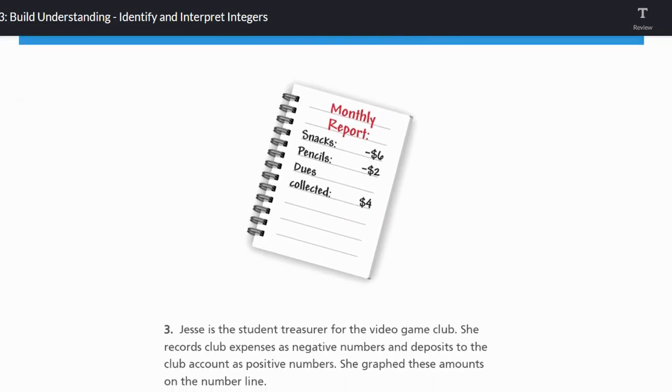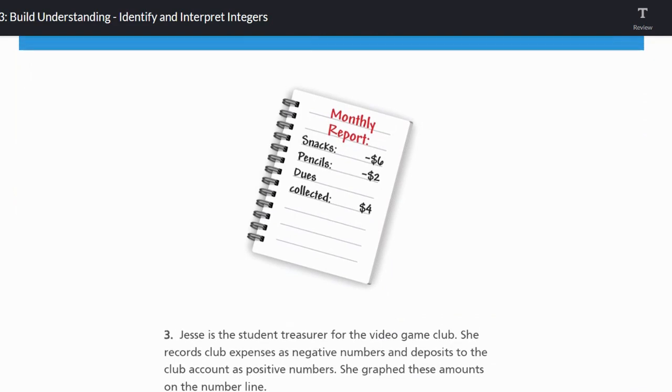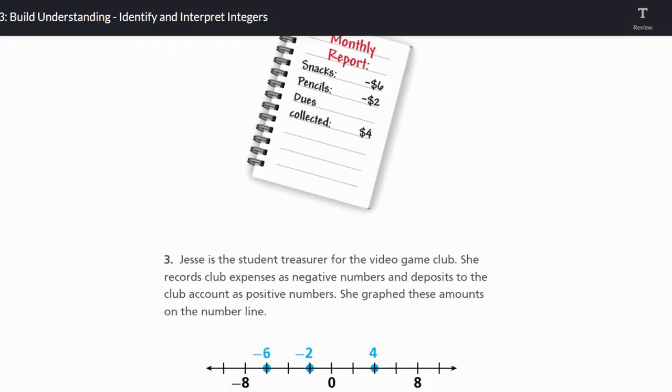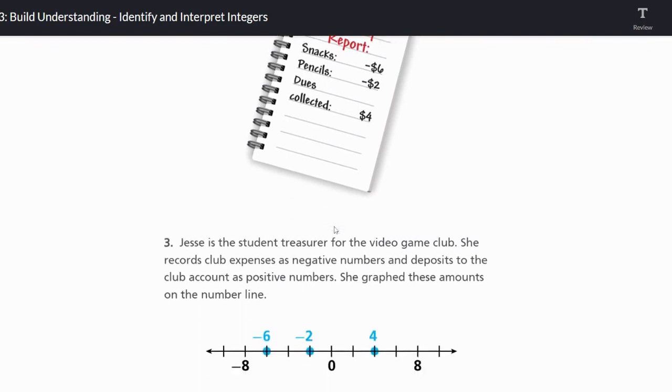All right, we are almost done. Here we have a picture of a monthly report showing us the amount of money made for different things. Jessie is the student treasurer for the video game club.